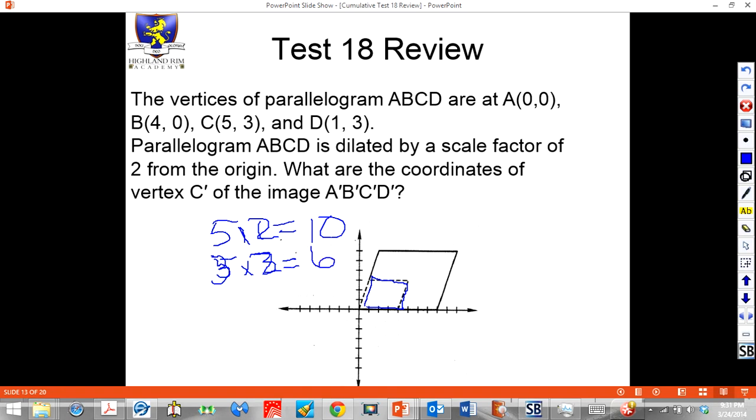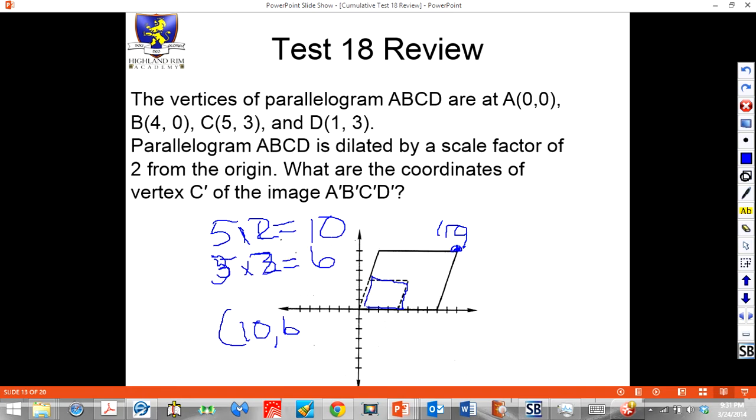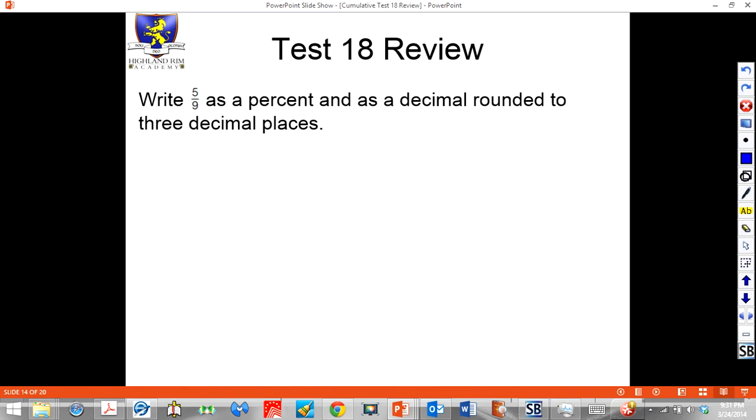So your point is going to be 10, 6. And that's basically what 10, 6 is over here. All right, that was 10, 6. So let's move on.